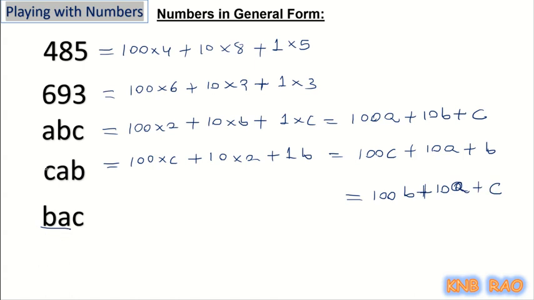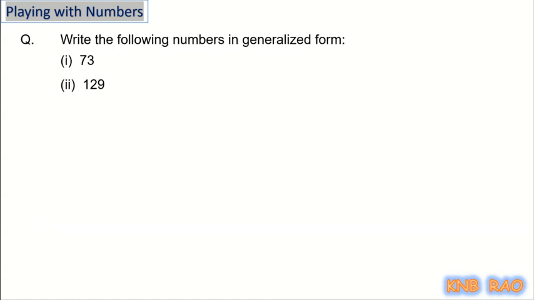Okay. Now, let us answer some questions. Write the following numbers in generalized form. So, what is the generalized form of 73? It is 10 into 7 plus 1 into 3. Now, what is the generalized form of the 3-digit number 129?